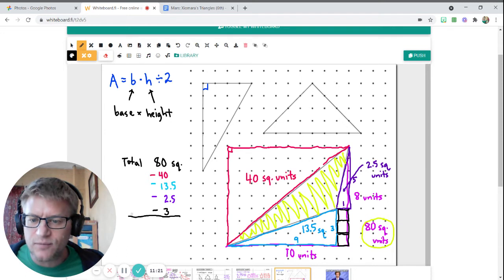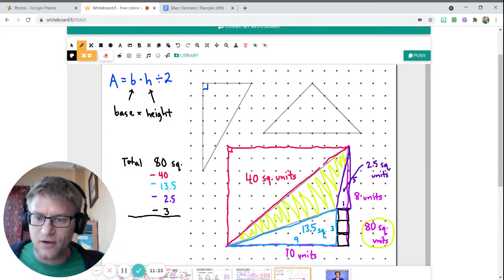And I'm going to do some mental math here, kind of go step by step. I know that 13.5 and 2.5 together would give me 16. 13 and 2 is 15. 0.5 and 0.5 is 1. That would be 16. I know that 16 and 3 is 19. And I know that 80 minus 40 would give me 40.